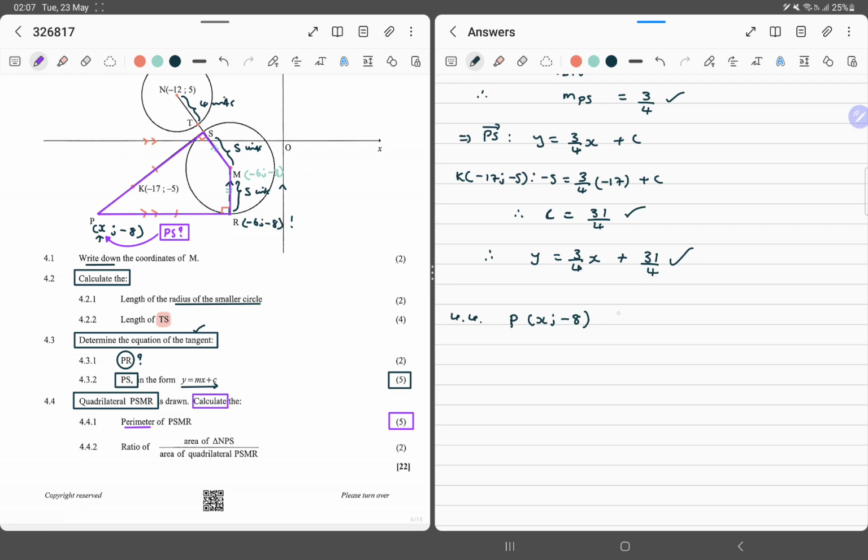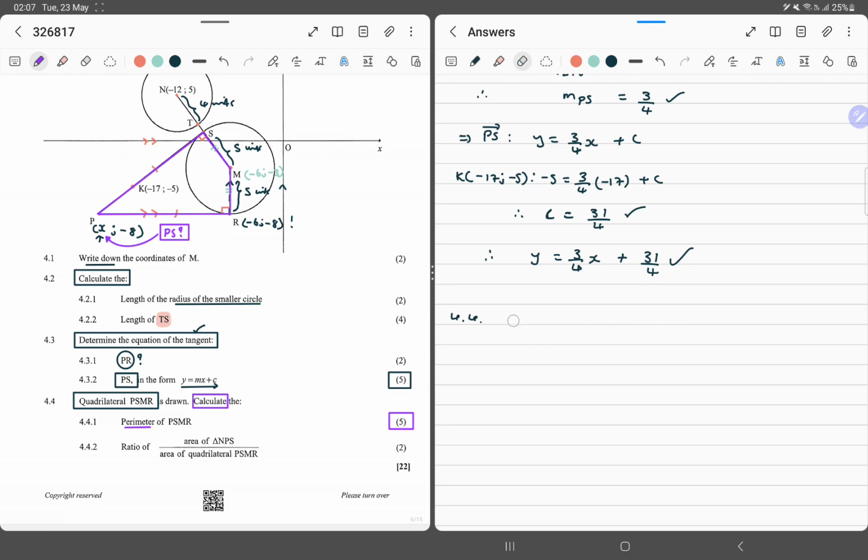We can just say PR is parallel to the x-axis. This suggests that the y, or maybe let's just start here.